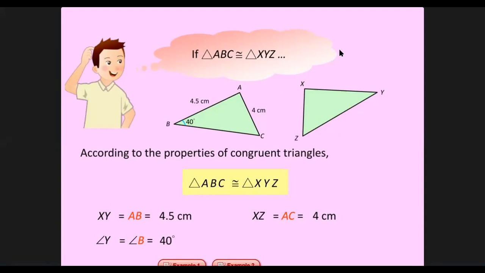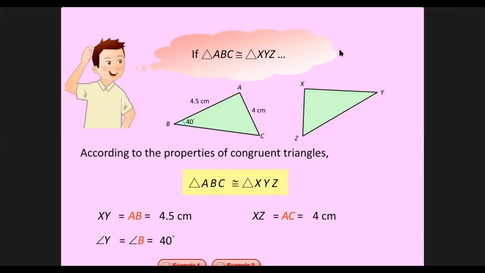It's 40, miss. Very good. Why? Why is it 40, Abdullah? From where do you know that the measure equals 40? Because it's congruent to B.